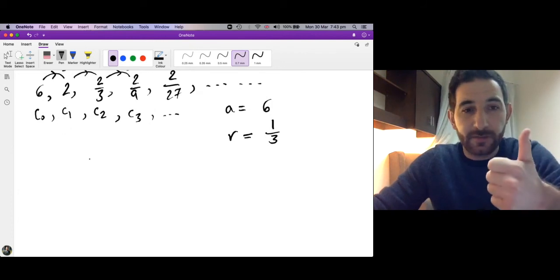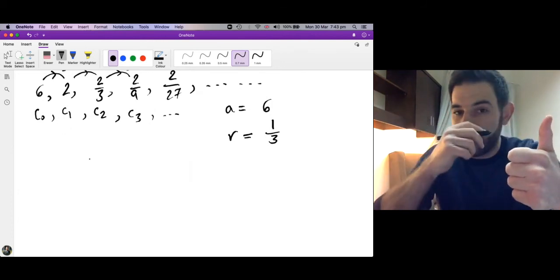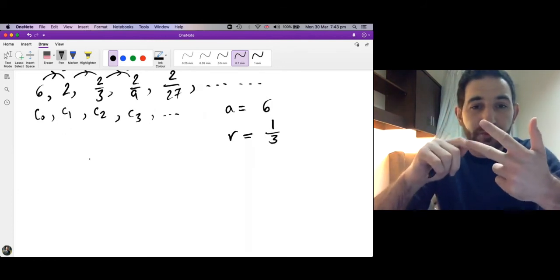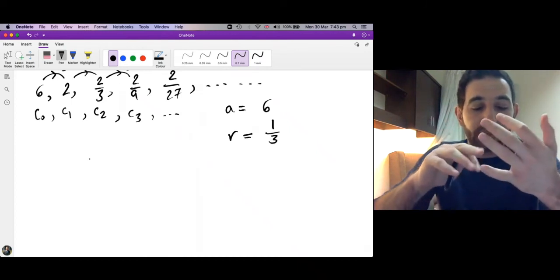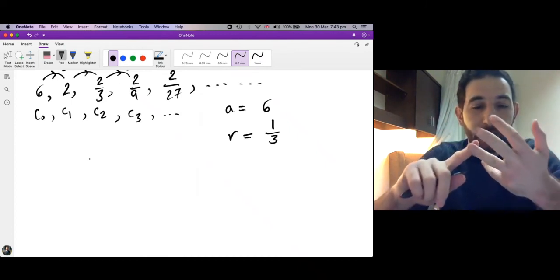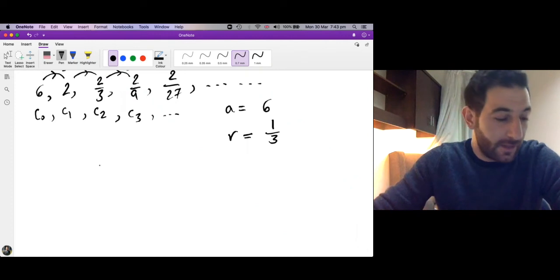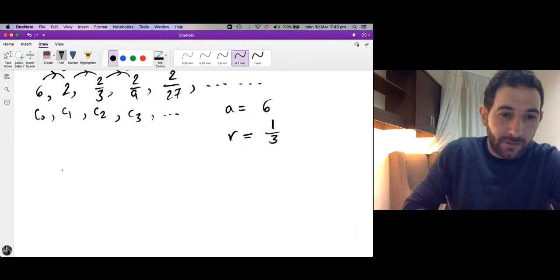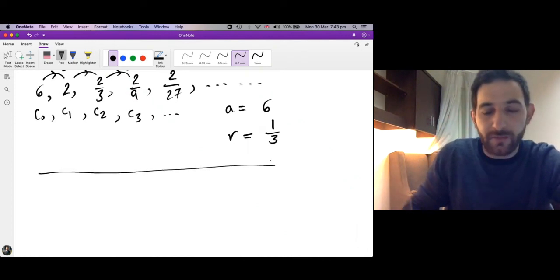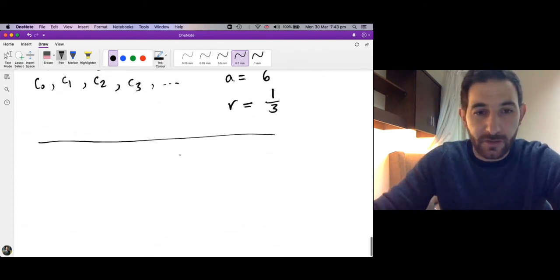So we defined sequences. They are ordered lists of elements. We studied two special kinds of sequences: the arithmetic progression and the geometric progression. And now I want to tell you a third way if you want to define a sequence.